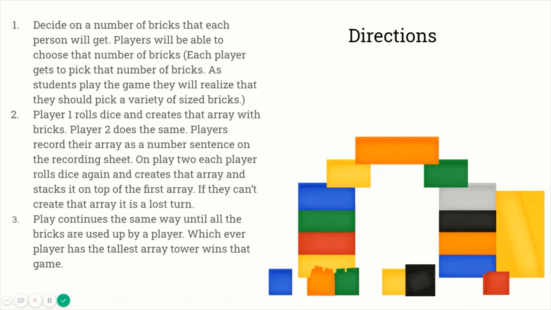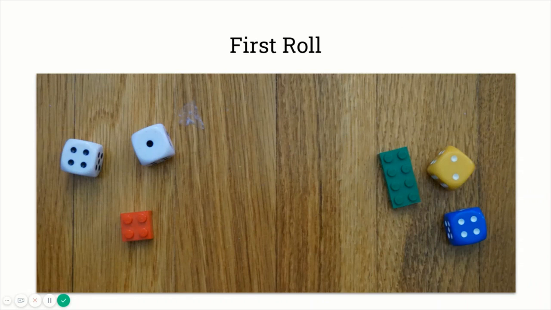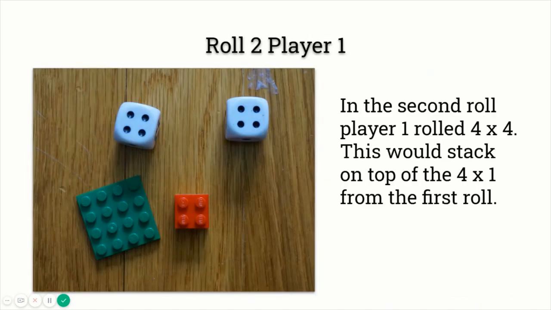So let's look at an example. Here's the first roll for player 1 on the left and player 2 on the right. You can see that they have selected a brick that matches the array that they have rolled. For roll 2, player 1 has rolled a 4x4, and this would stack on top of the 4x1 from the first roll.